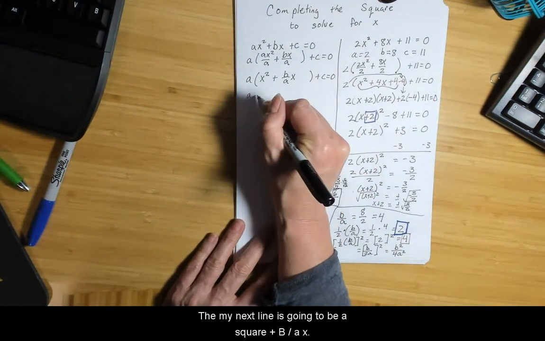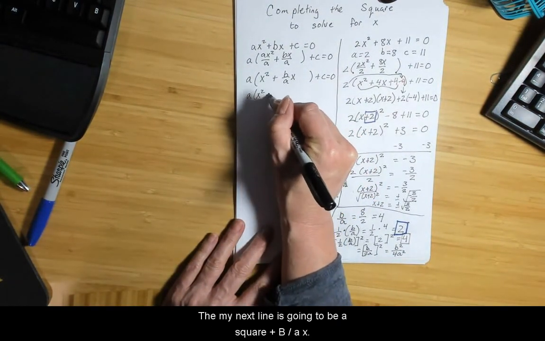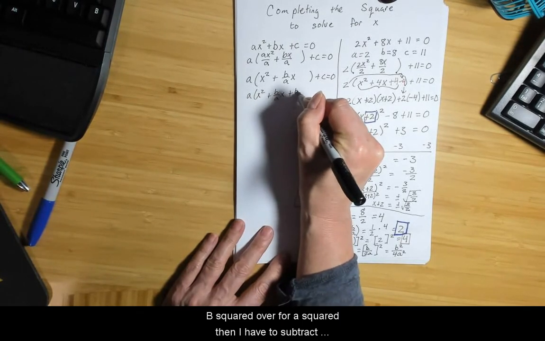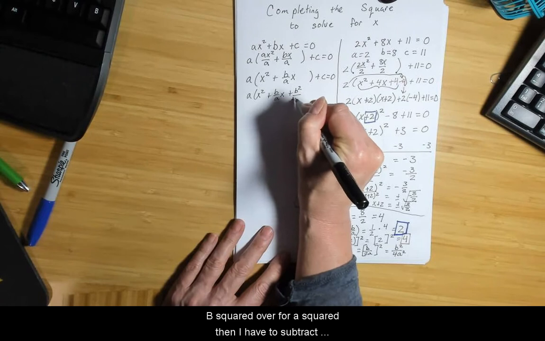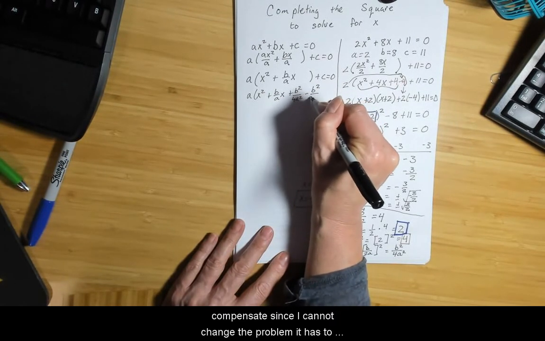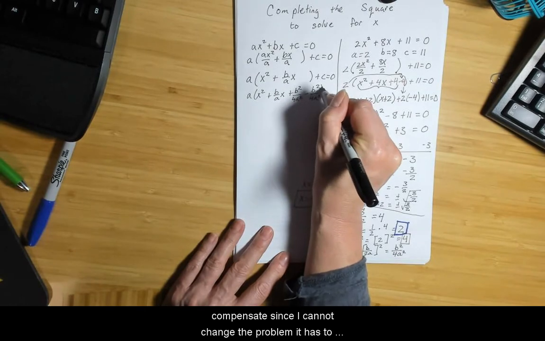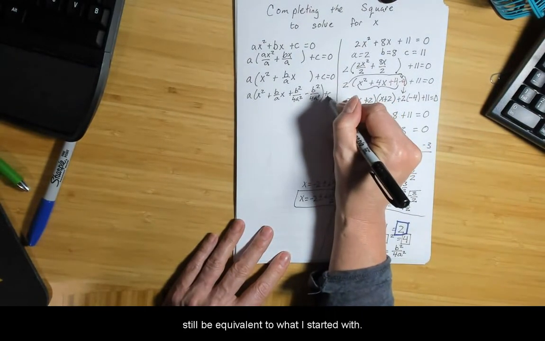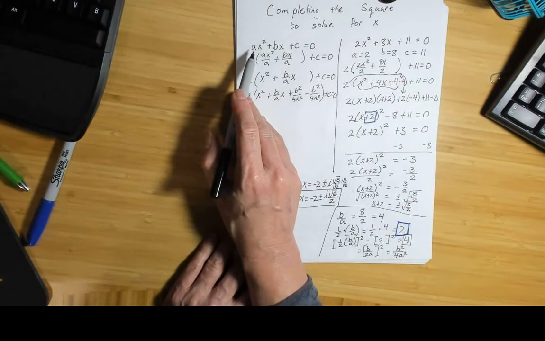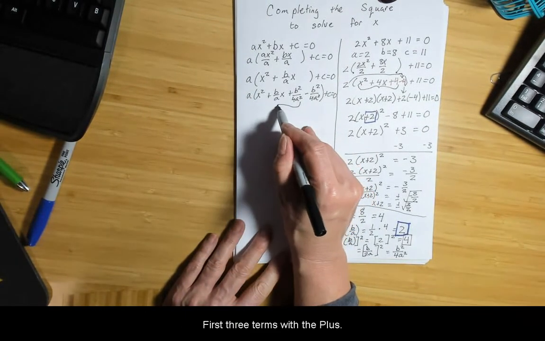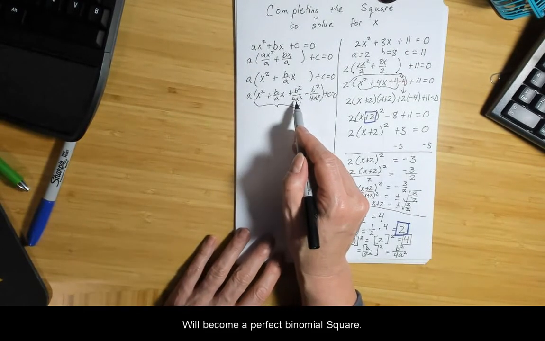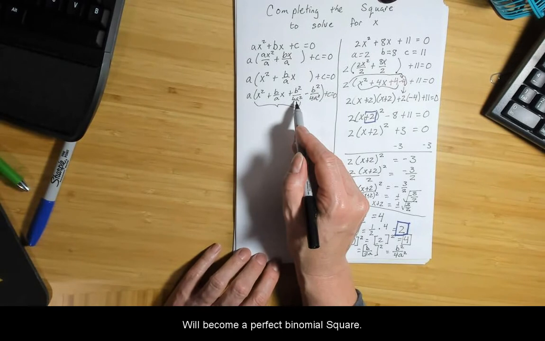So my next line is going to be x squared plus b over a x plus b squared over 4a squared. Then I have to subtract to compensate. Since I cannot change the problem, it has to still be equivalent to what I started with. The first 3 terms with the plus will become a perfect binomial squared.